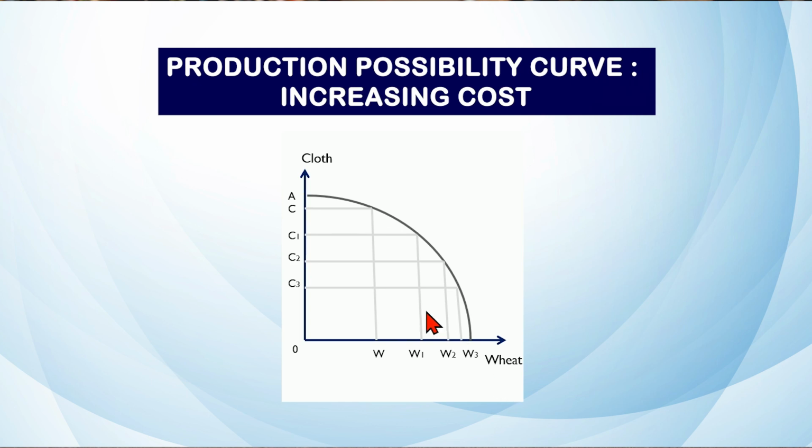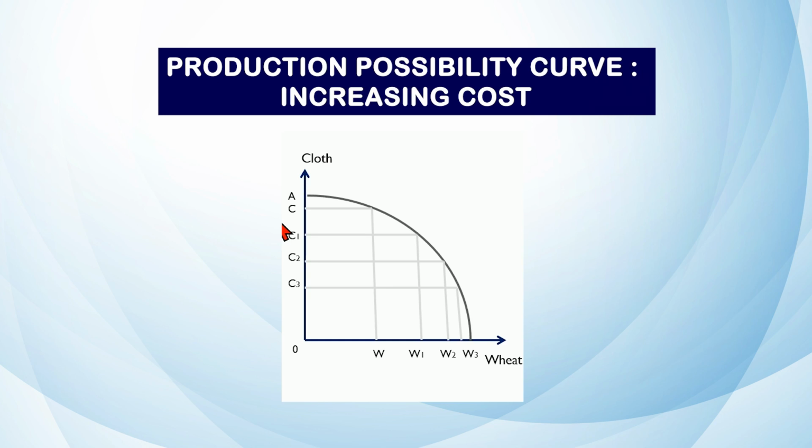If I go down along the vertical axis from A to C3, I am sacrificing an equal amount of cloth. Equal amount of cloth means, say, 1 unit of cloth is being sacrificed. So if I sacrifice this cloth, then I need to reallocate these resources to the production of wheat. So how much wheat can I produce?